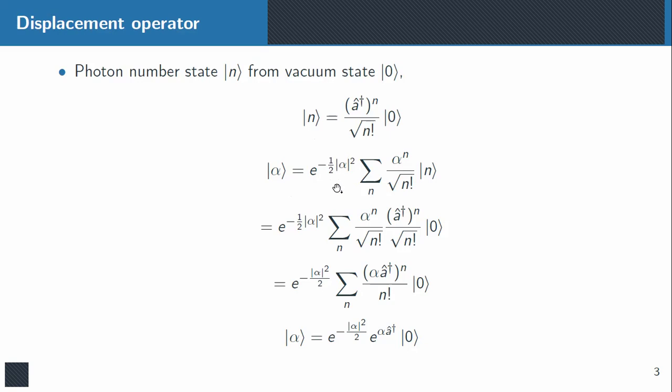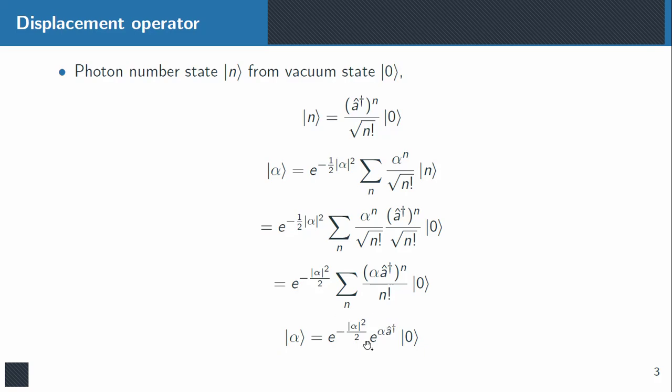Combining these two equations, we can write coherent states in terms of the vacuum state. This sum turns out to be an exponential, and we can write it as an exponential of alpha a dagger applying on the vacuum state and generating coherent states.